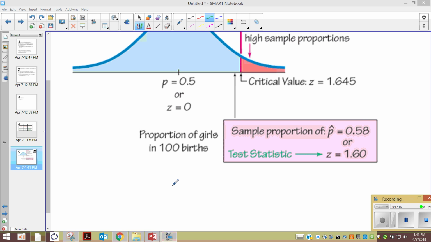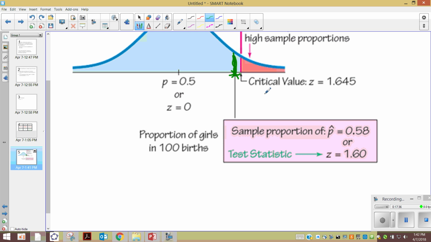Okay, so this is what I wanted to show you: when you illustrate your test statistic, you'll use the asterisk. Then you'll draw a boundary up to the curve. We've done something like this before with chapter 6.